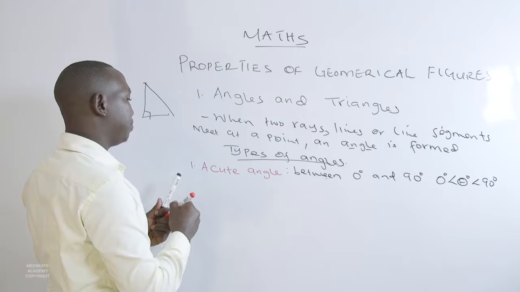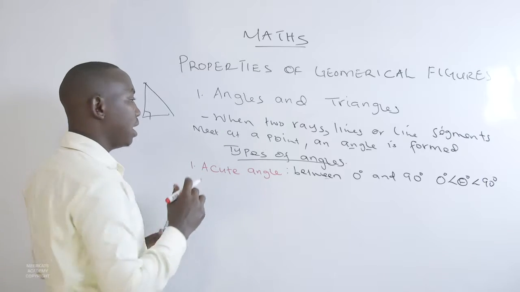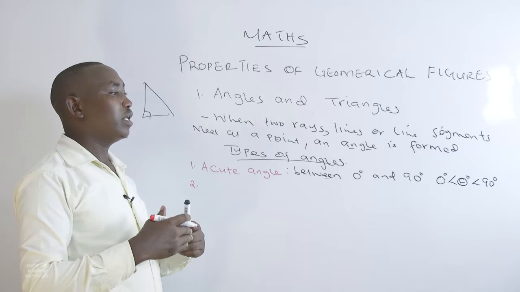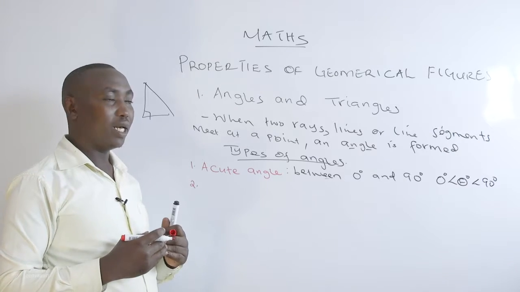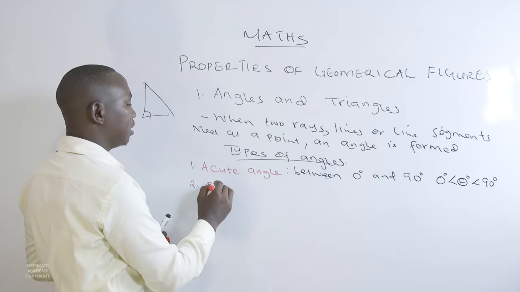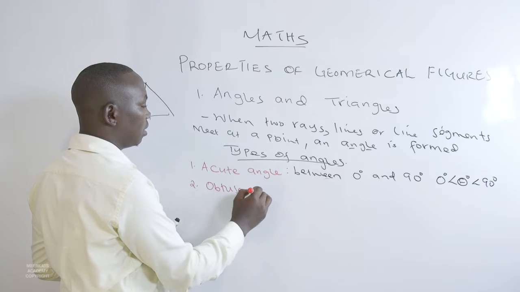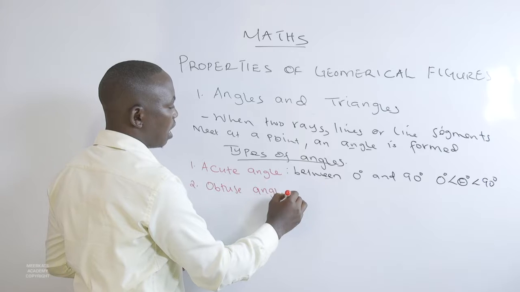Number 2 is now the one that is more than 90, but less than 180 degrees. It's referred to as an obtuse angle.